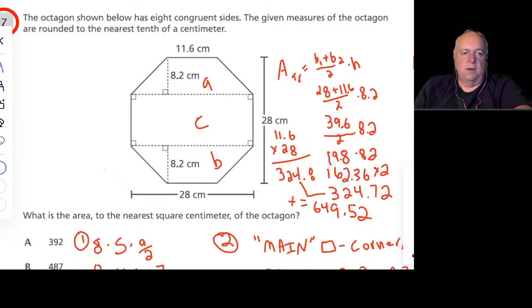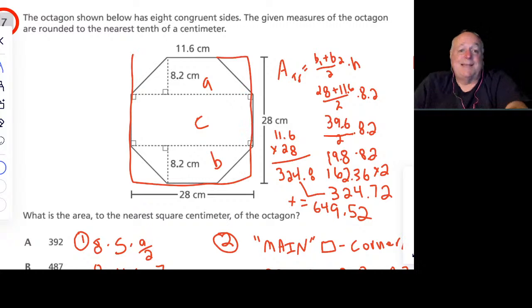So if we were to draw a rectangle around the whole thing, that's the dimension they're talking about there. And the 11.6 is the length of a side. So there are 8 sides that are 11.6.